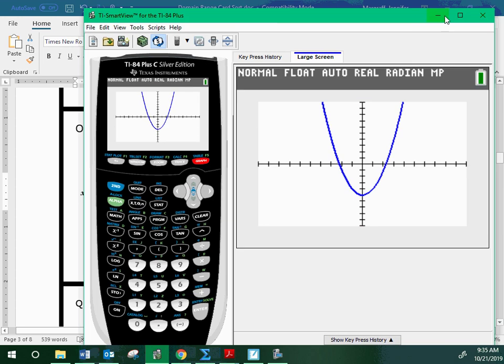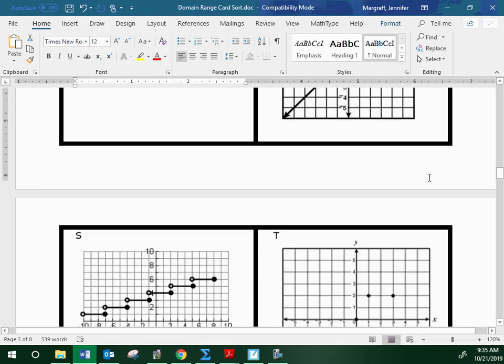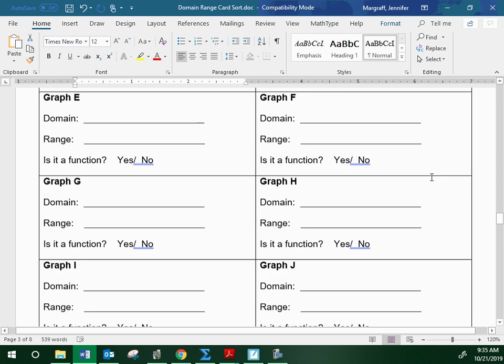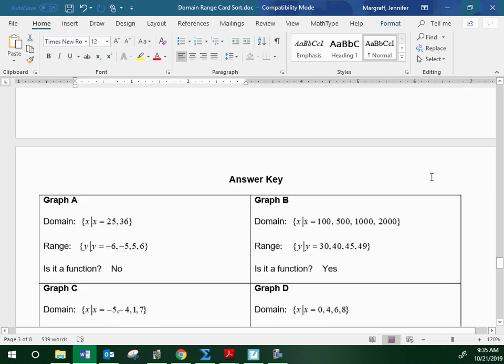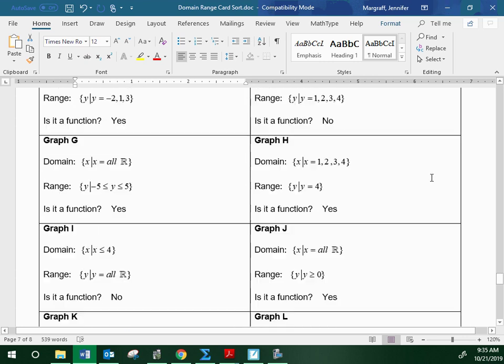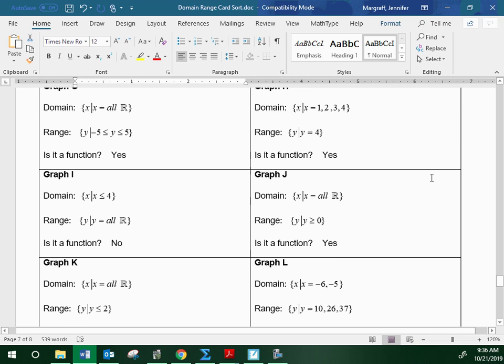So let me go ahead and go back to our answers, and you can look through those while I pass out homework to you. So I think we're on the bottom part here. Your homework for tonight is worksheet 9.